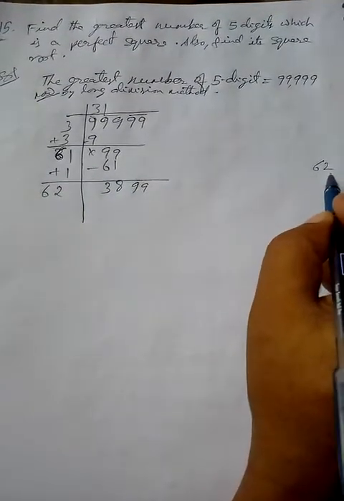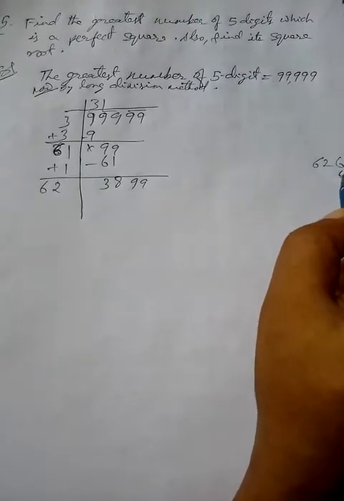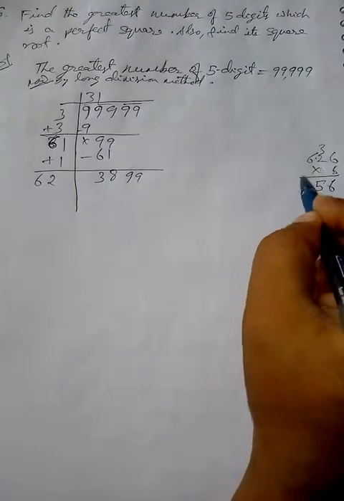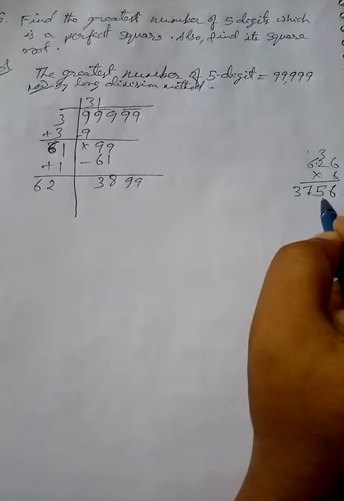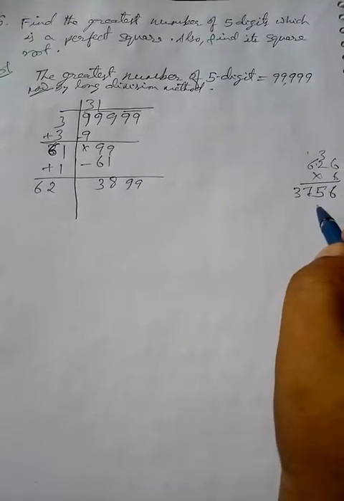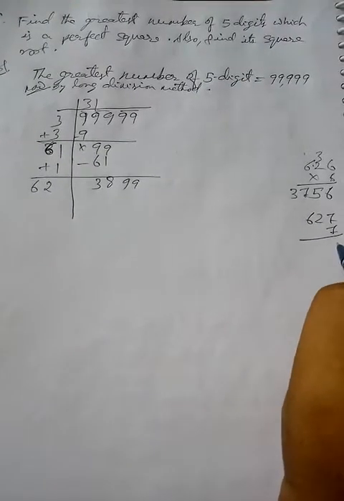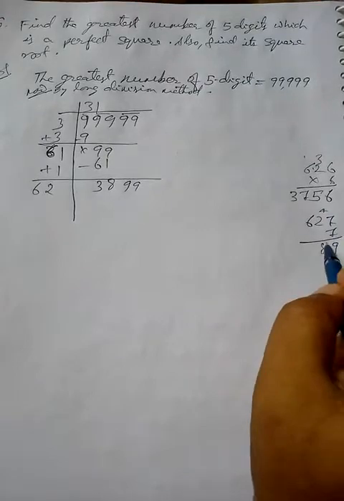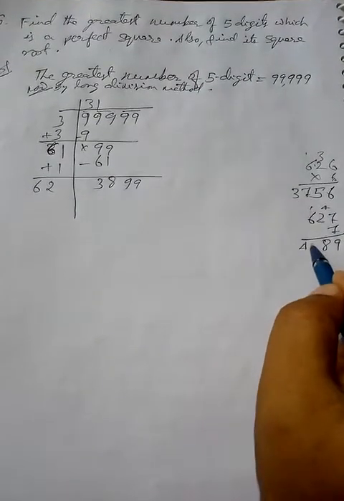Now 6 6s are 36. So let's see with 6. 6 6s are 36, carry 3, 6 2s are 12, 3 is 15, 6 6s are 36 and 1 is 37. Let's try one more, greater number, 7. 7 7s are 49, 7 2s are 14, 18, 7 6s are 42 and 1 is 43.